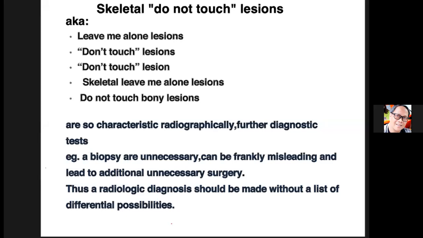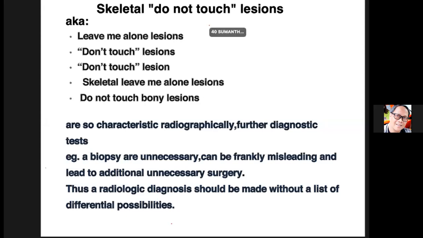So again, there's always the fine edge in the decision making, because you do have to act very quickly, because for example with osteosarcoma, there's a good chance of spread of the malignancy further to different areas. So again, you have to balance between deciding very quickly and also leaving some of these do not touch lesions alone.